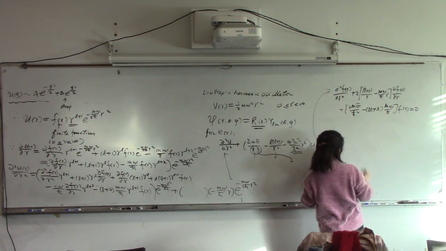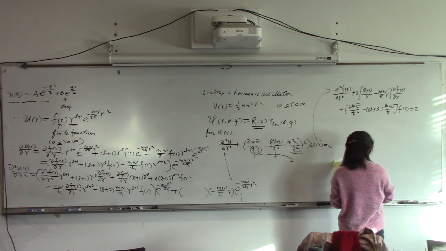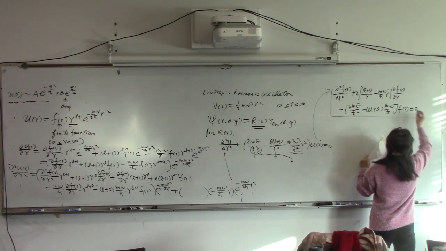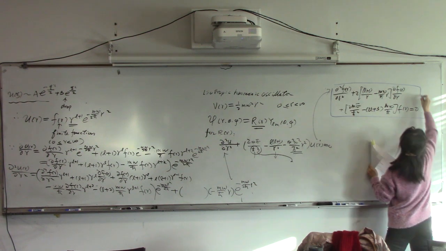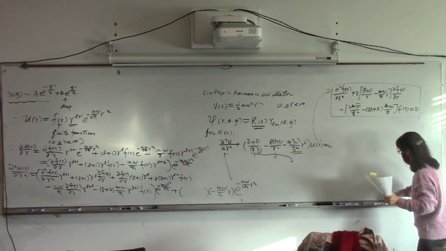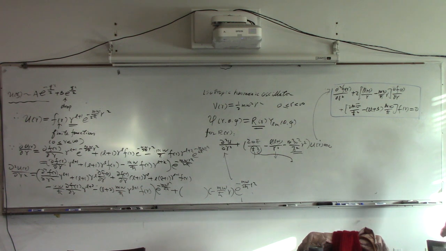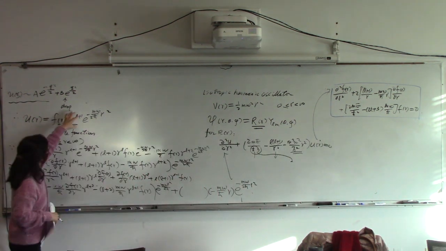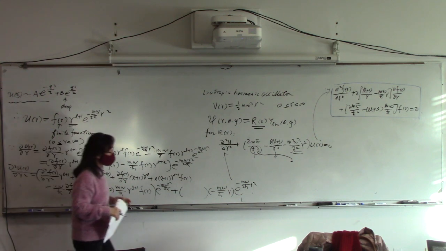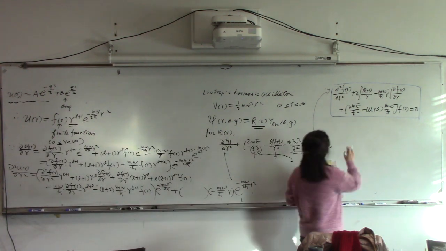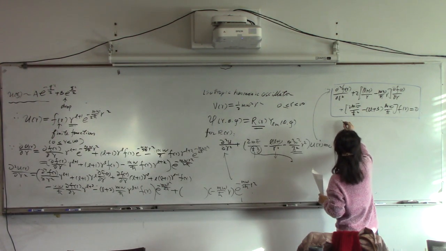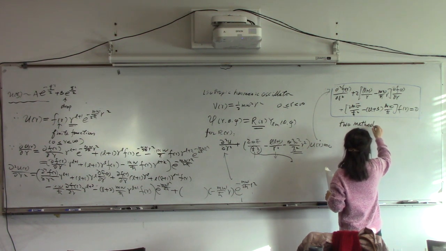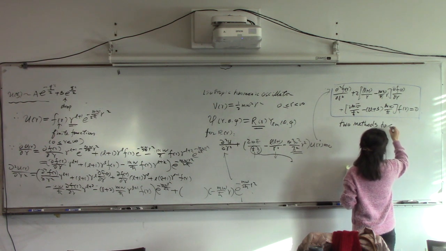So now we are working on this. Even though it looks complicated, it is doable. We are focused on solving this since we already know the two asymptotic behaviors. We have two methods to solve this.